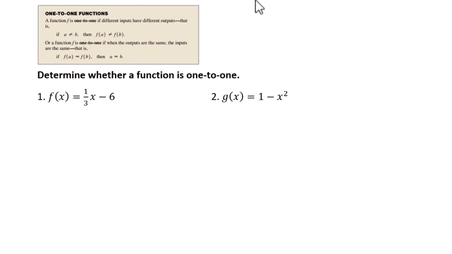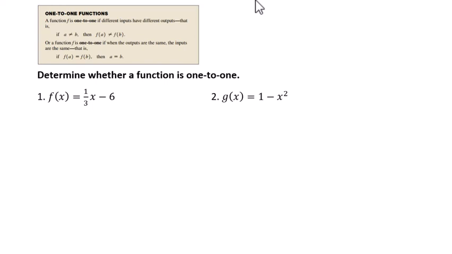All right, here we're going to test to see if something is one-to-one. Basically, you're going to see if f of a equals f of b, then a equals b. So you take f of x and make it the function of a and the function of b, set them equal to each other, and then see if a equals b.